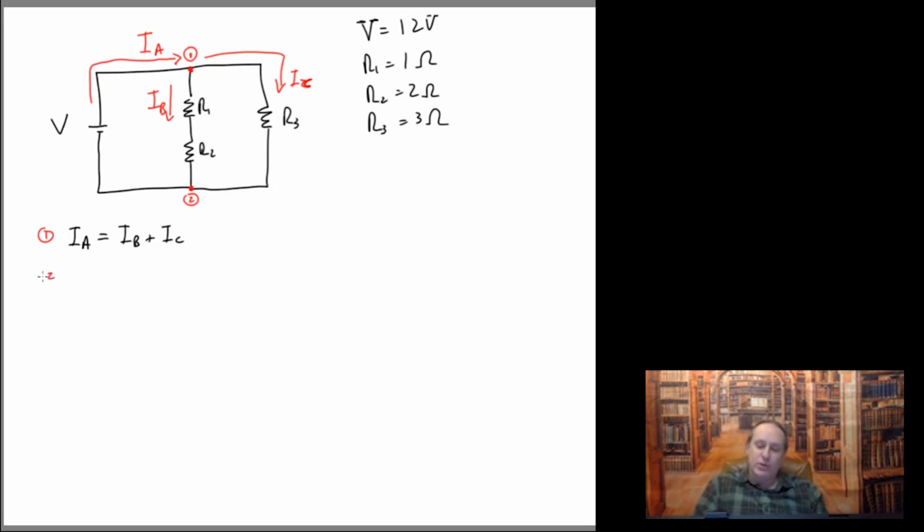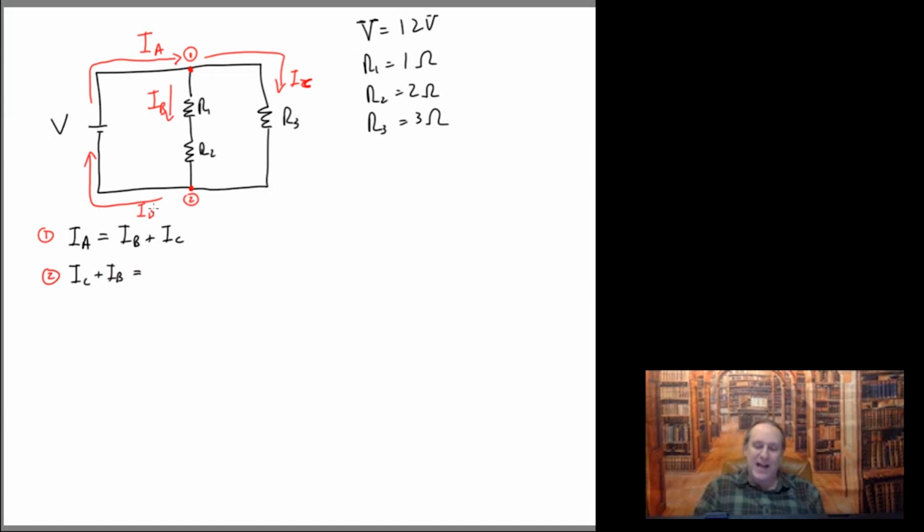For junction 2, well, if we follow these red lines, what's coming into junction 2 is IC plus IB. And what's coming out of it, well, we didn't label that. Why didn't I label it? Because it's actually the same as IA, but just for the sake of argument, what if we didn't know it was the same?